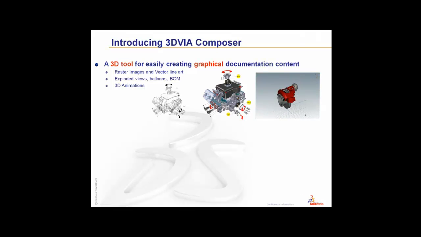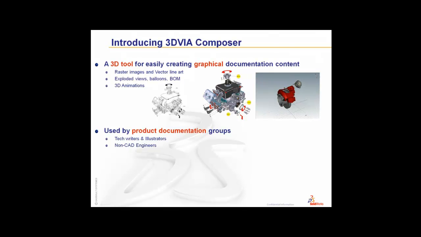Because 3D Via Composer is a 3D tool, you can also create very easily real-time interactive animations that make your documentation much easier to understand, reducing the need for long paragraphs of explanation and bringing down translation costs.